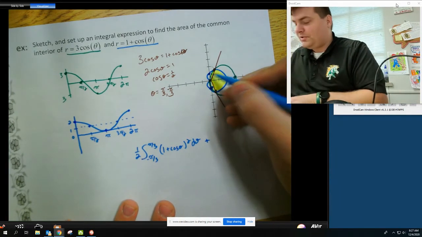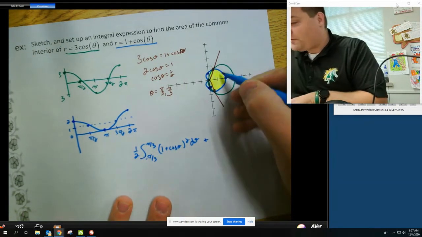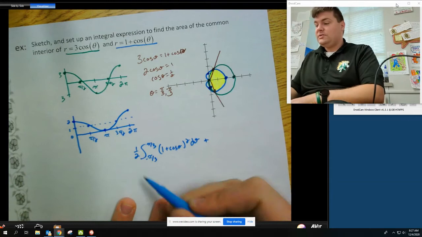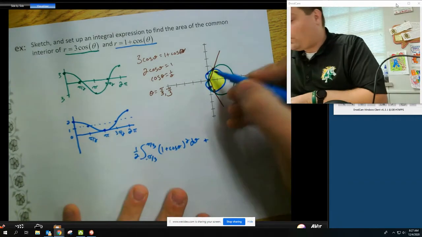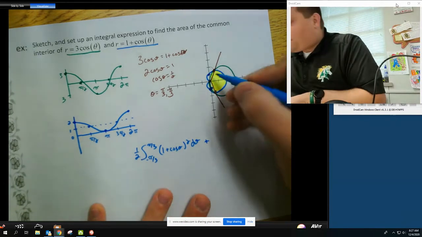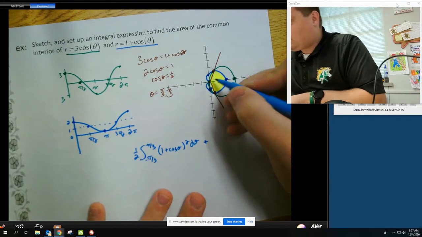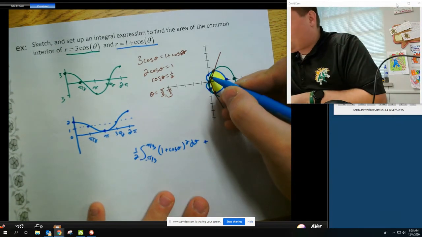Blue isn't in play for this one, just like for the first expression, we went from blue to brown, so green's not in play. This one, only green is in play. So we're going to be using this formula right here. Now I'm going from this point all the way to here. Because again, it's a common interior. So I'm going from brown all the way to this axis right here.